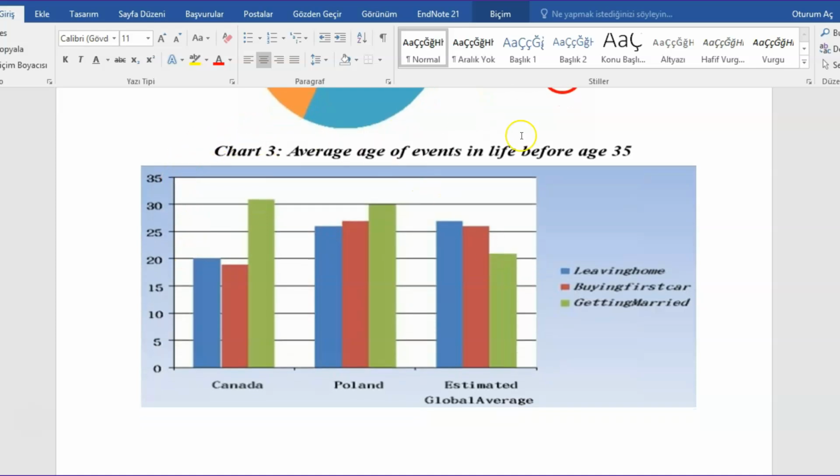Now regarding chart 3, here we have bar charts, and we see 3 life events at the age of 35: leaving home, buying a first car, and getting married, right? Here we see the global averages.